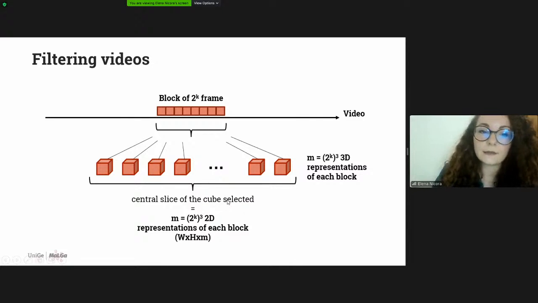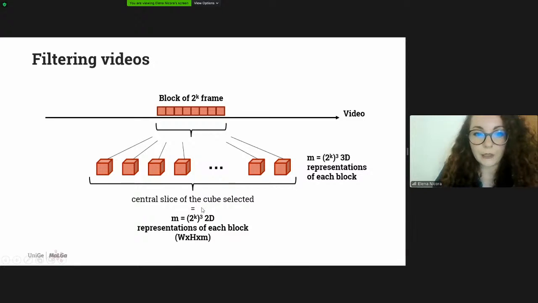We noticed that in these 3D representations, which are a lot of data, basically the central slice of these cubes was able to compress, to collapse the global information about this block of frames into just one 2D representation.